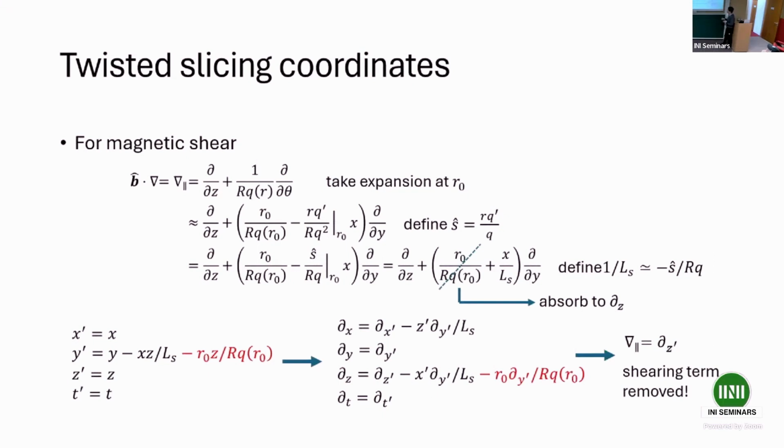Basically, you can do this transformation, and the derivative operator is rewritten correspondingly. After this transformation, even though there's magnetic shear, the B dot grad can be rewritten into this simple form in which the shearing term is removed. So this is a very useful tool.